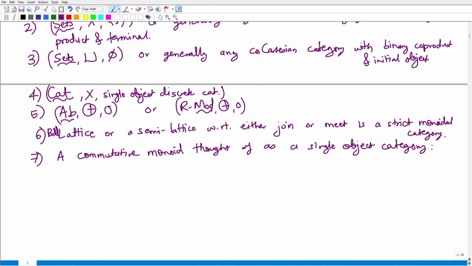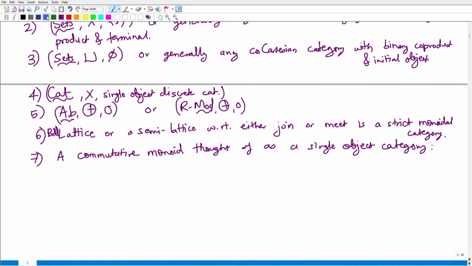Commutativity is extremely crucial in here. Now, why is that the case? So I'm going to prove one theorem here, and this theorem is called the Eckmann-Hilton argument.